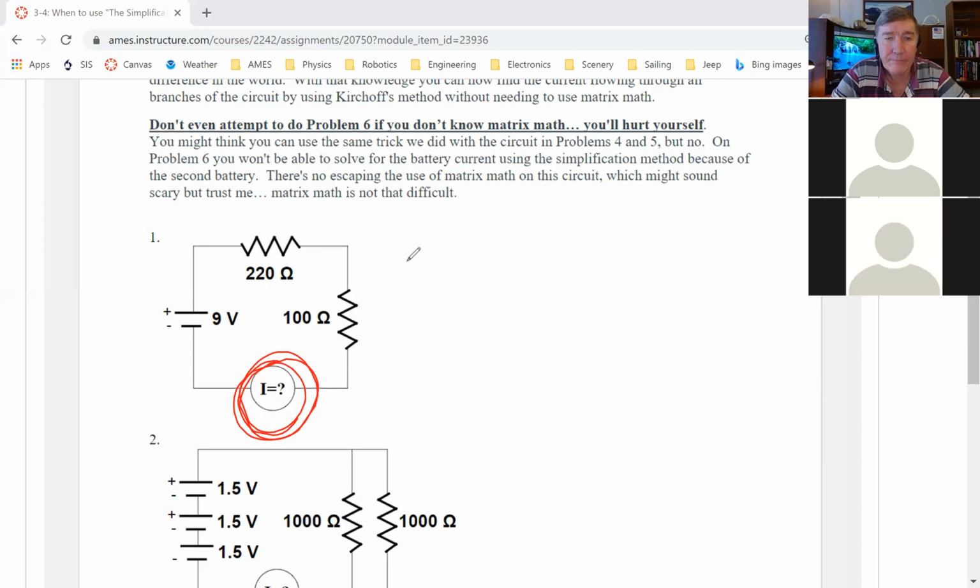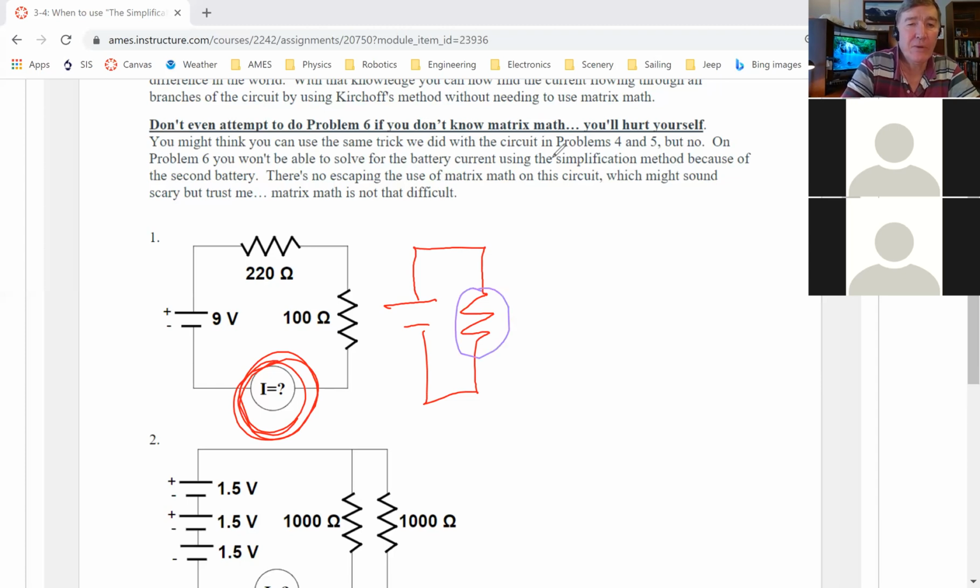I used simplification. Okay, so what that tells me is that he decided that he was going to take the real circuit and he was going to replace it with an imaginary circuit that only had one resistor. And so this one resistor was these two combined together.